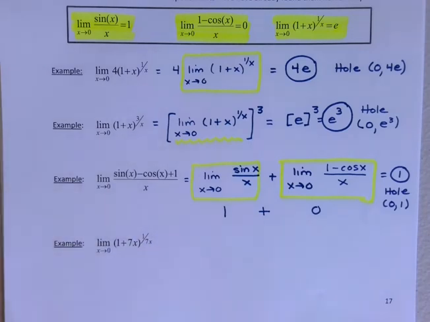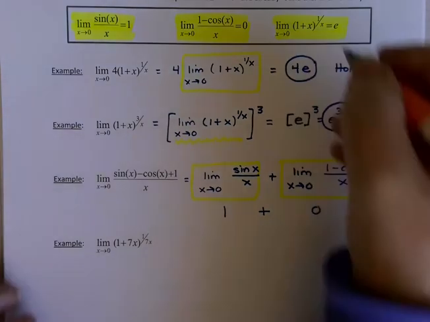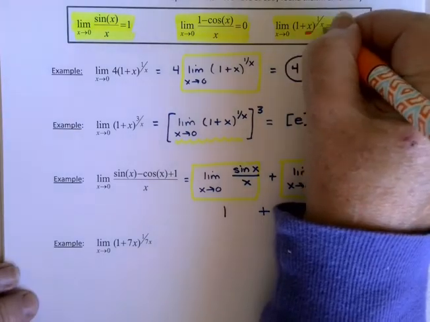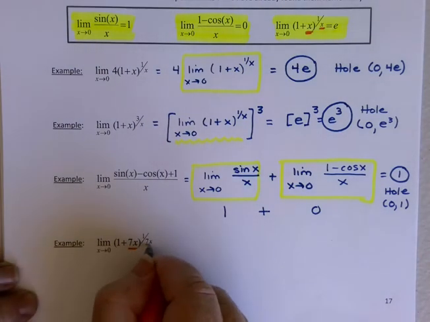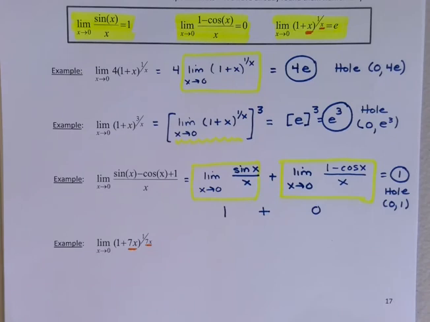So what I'm going to notice is that both places that had an x in my original limit now have a 7x in my new limit. What I'm going to do here is make a substitution. A really common letter to use in substitutions in calculus is u.